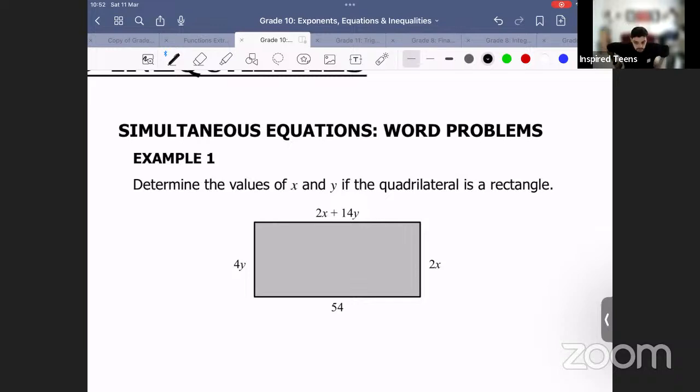What can I do over here to solve for this? Determine the values of x and y if the quadrilateral is a rectangle. What would we do? Add all up and should equal 180? Along the geometry lines, but not 100% correct.